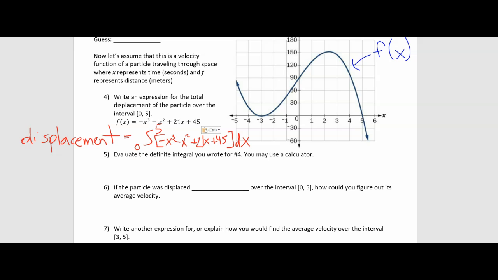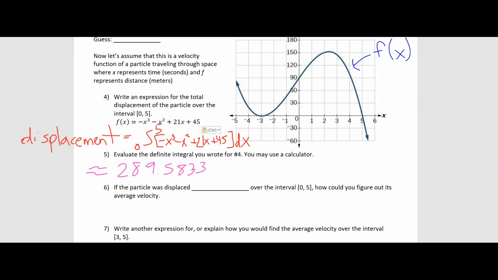Actually, we'll round to 4 because we're not quite done with this problem yet. And we end up getting approximately 289.583. We could think, what is this? What are the units here if we are taking the integral of a velocity function?